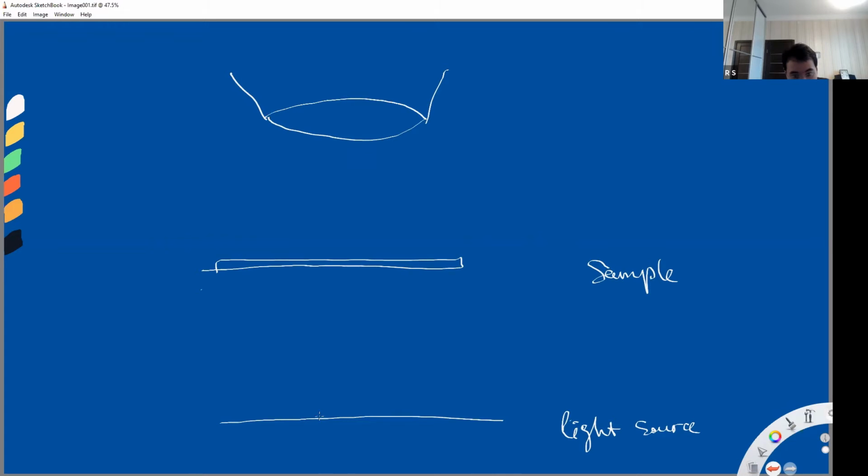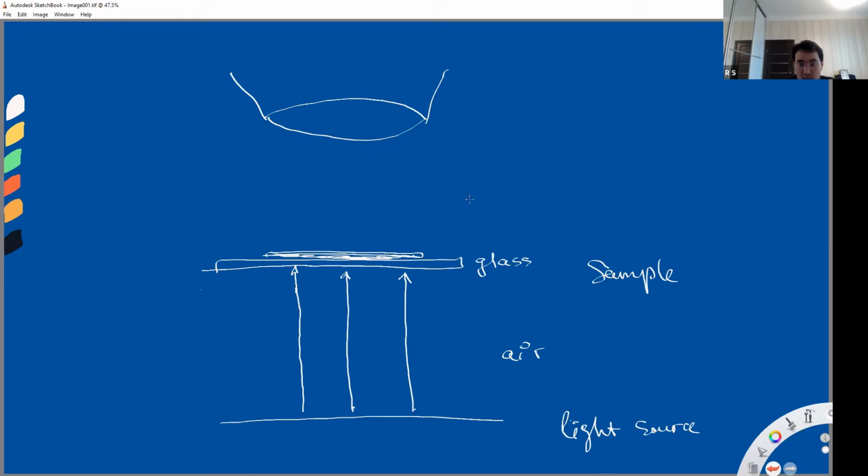So let's say this light comes through your sample. So some kind of sample here. So the thing is, here we have air, here we have glass, here we have air, and this is also glass.